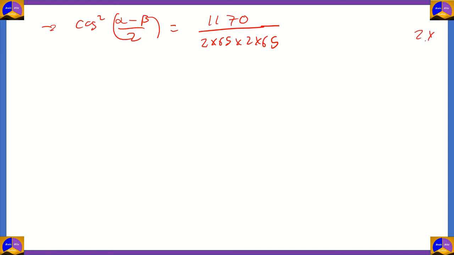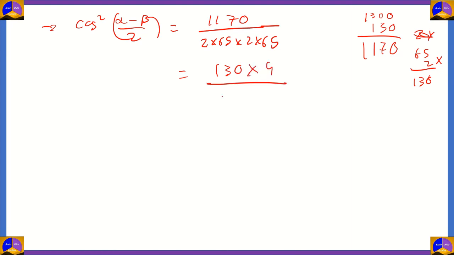Because 2 times 65 is equal to 130. And if you take 130 times 10, that is 1300 minus 130. So you get 0, you get 10 minus 3 is 7, 2 minus 1 is 1, and then another 1. So you have 1170 as 130 times 9. So 130 times 9 divided by 130 times 130.